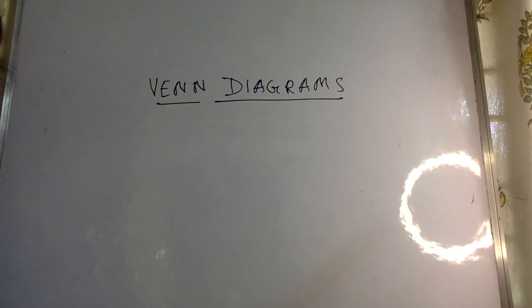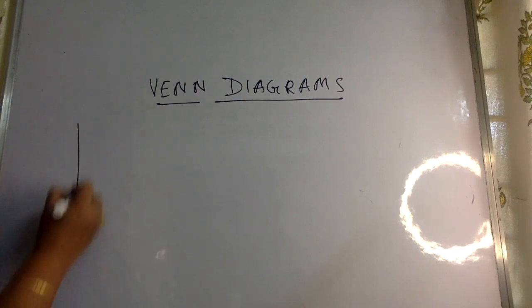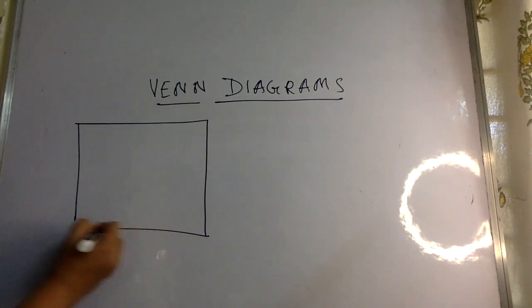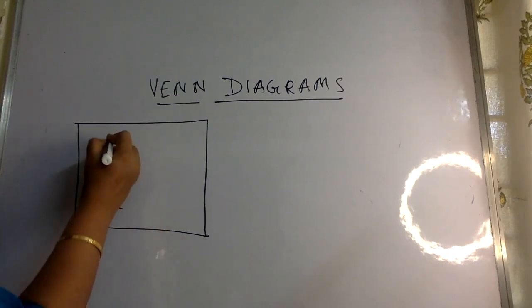Okay, so a Venn diagram is nothing but a diagrammatic representation of a set. So we will first take how we represent subsets in a Venn diagram. This is the main universal set, that is nothing but a rectangle.